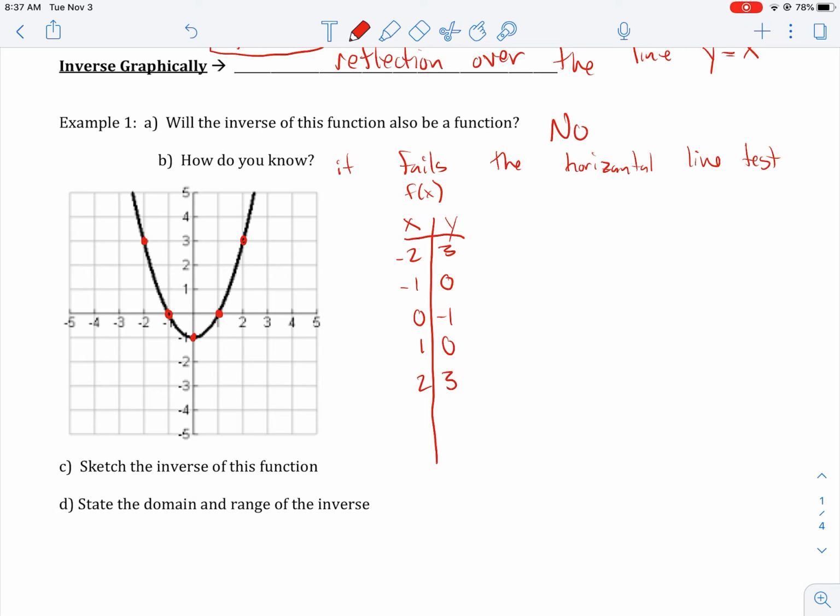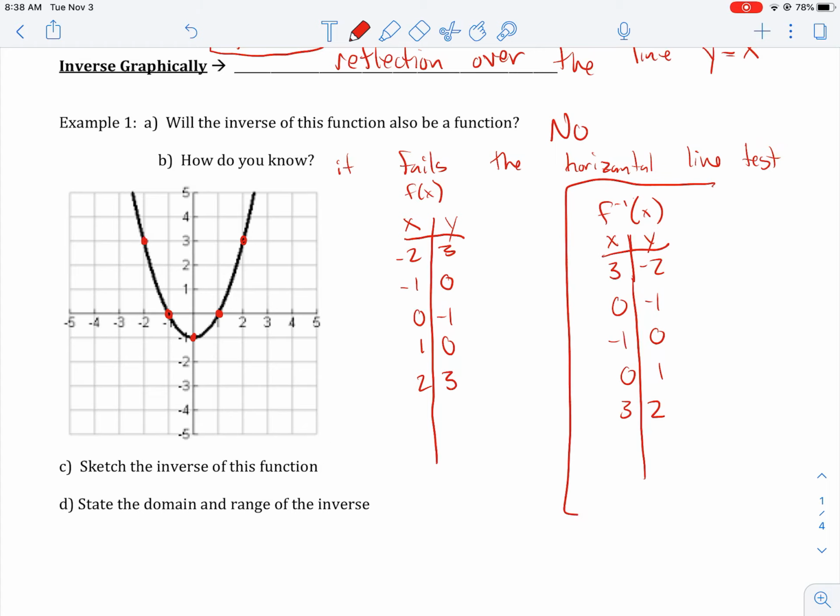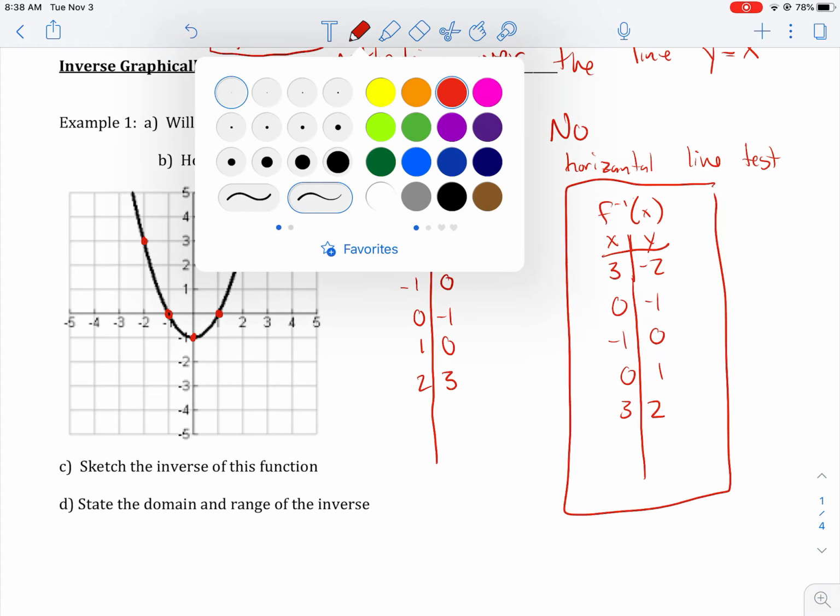And the easiest way to graph these inverse functions is to switch your x and y's. By doing so, now let's graph this guy right here. Let me put it in a different color.